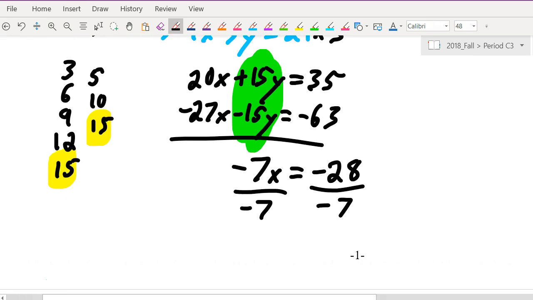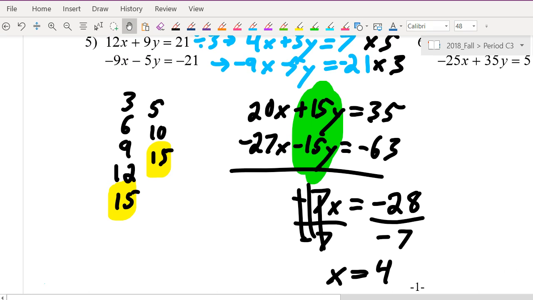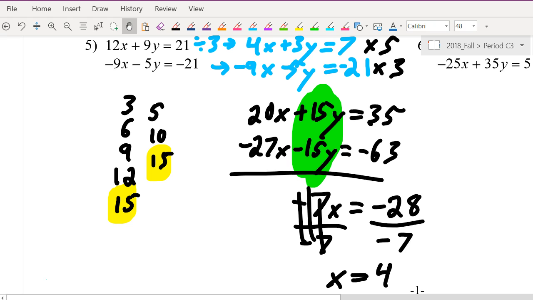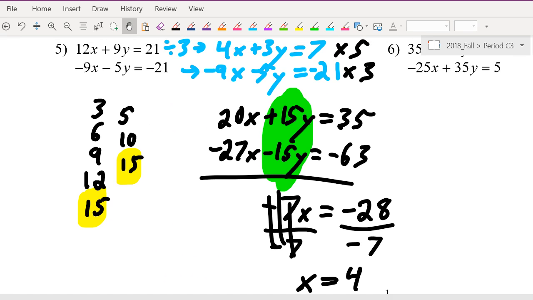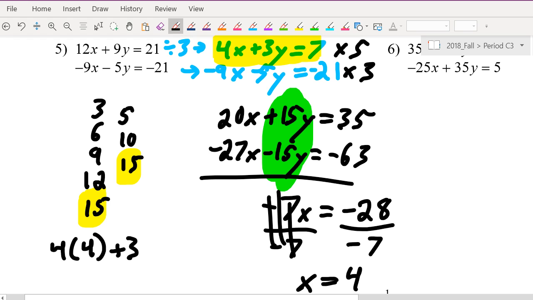Okay, we got x equals 4. And that is correct. I looked on my answer sheet and everything. Now remember, when you divide, usually you get lower numbers, so it's better to use that one when we substitute. Let's put it inside here. 4 times 4? 16. That is correct.